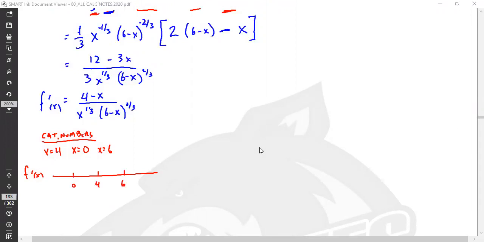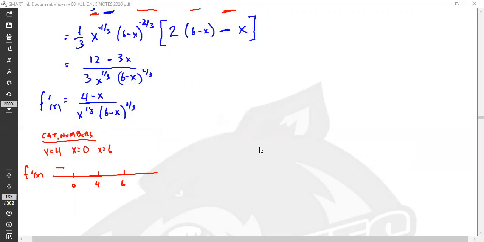All right. When x is less than 0, say x is -1, the numerator is positive, the denominator is (-1) to the 1/3, which is negative, and then 6 minus -1 is 7 to the 2/3, which is positive, making this negative in that interval.